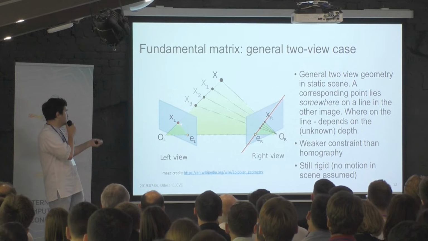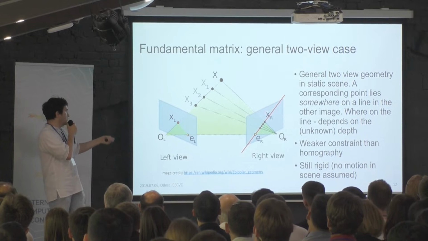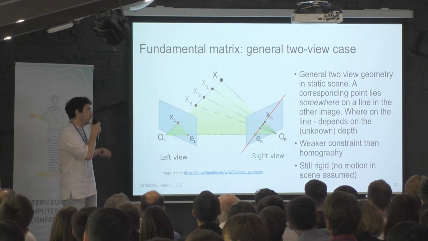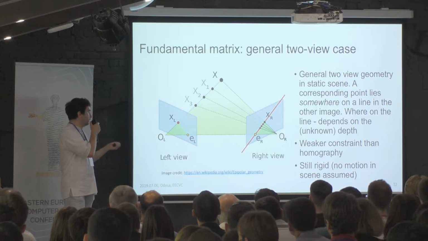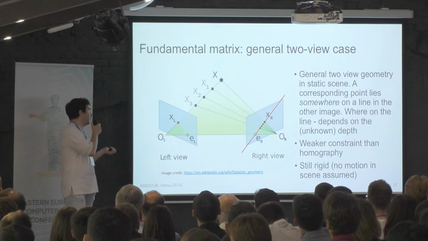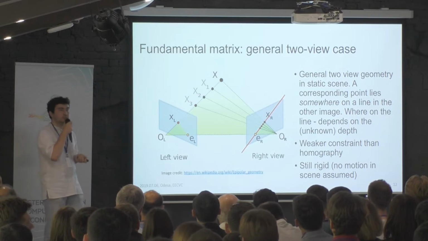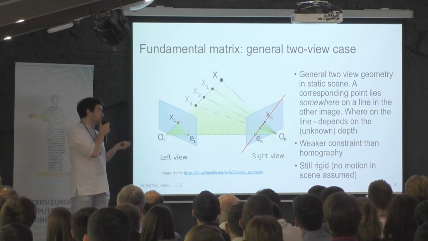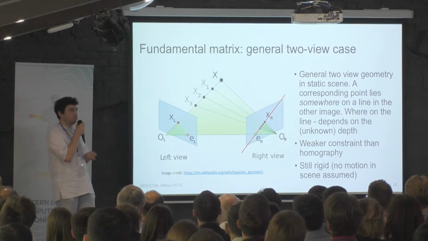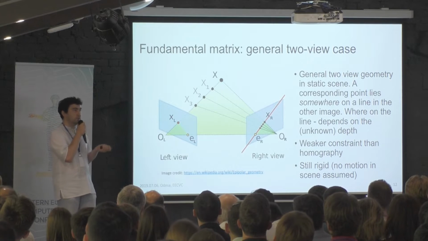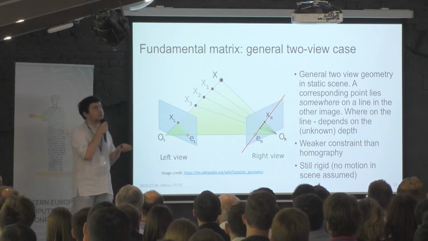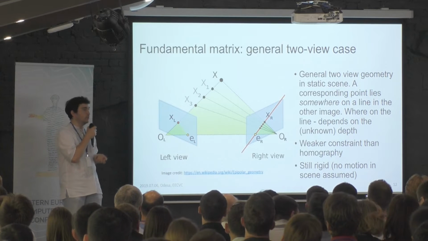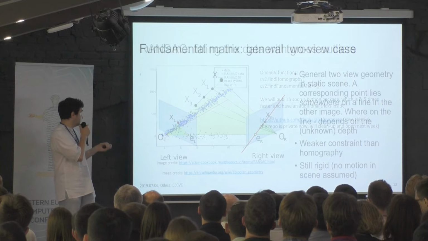What we know for sure is that this point should lie on this line in image 2. So it's a weaker constraint, and we cannot use a bijection projection here. And it's still a rigid scene. For example, if you photograph traffic, you have a lot of cars moving, and this is not enough. But for most cases, for example 3D reconstruction or SLAM, it's a sufficient model. These are the two models which are implemented in OpenCV now.